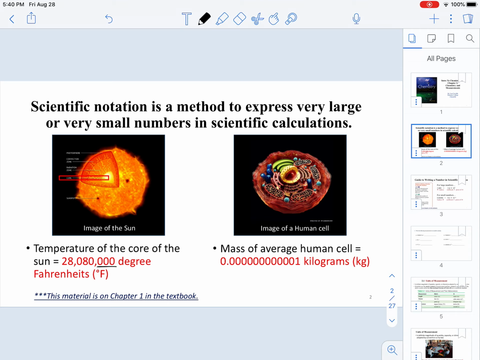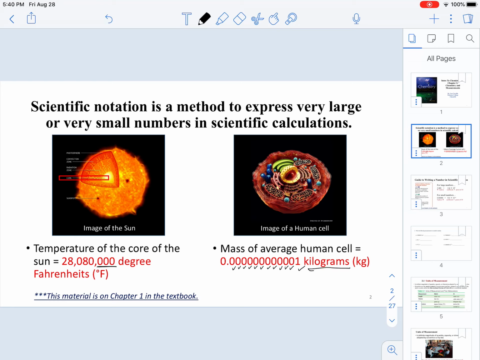On the other hand, to look at a number that is very small, we have the mass of an average human cell. When it comes to that, as you can see, the value is 0.000000000001 kilograms.